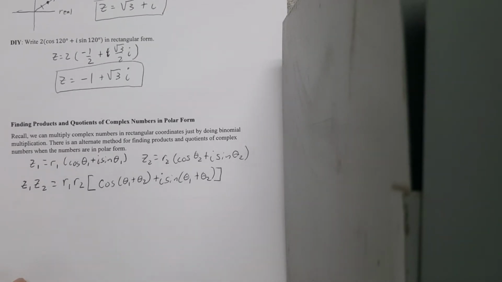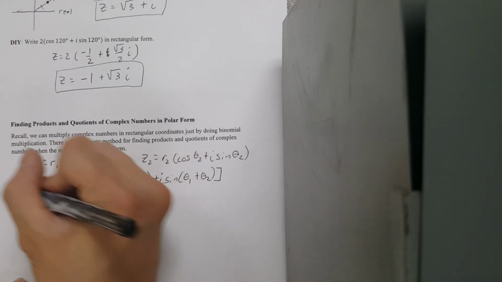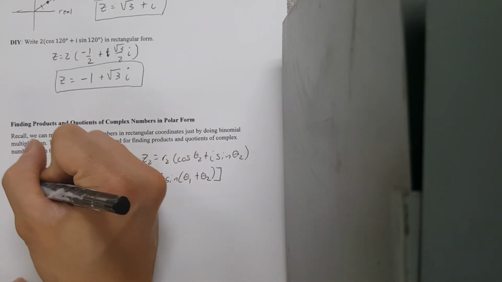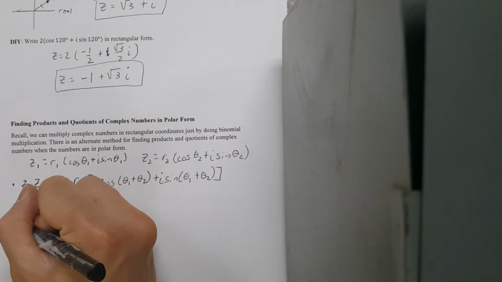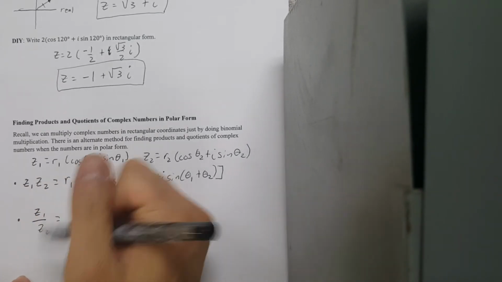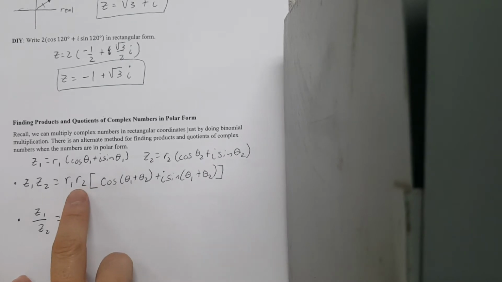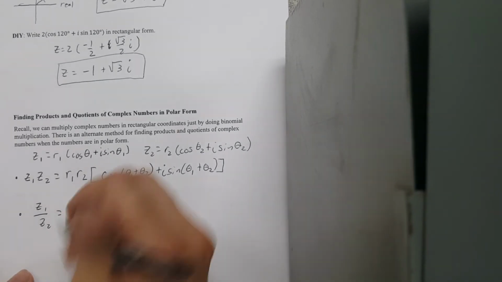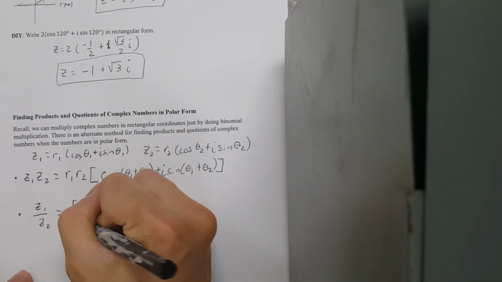Now, if you are going to divide them, so this is the multiplication. The division, if it's z1 over z2, it's actually going to be, instead of multiplying these, r1 over r2.